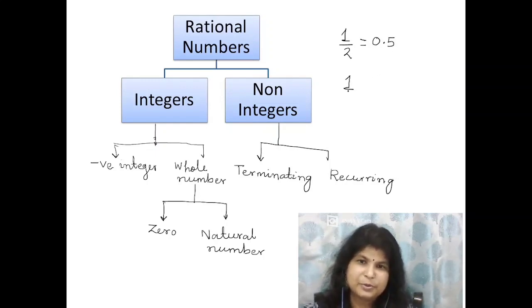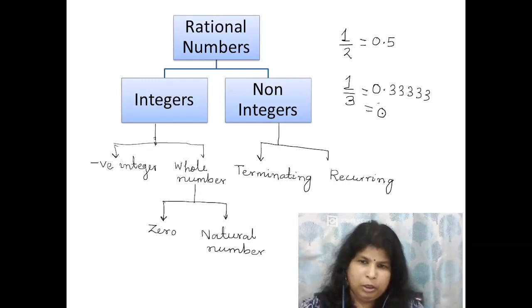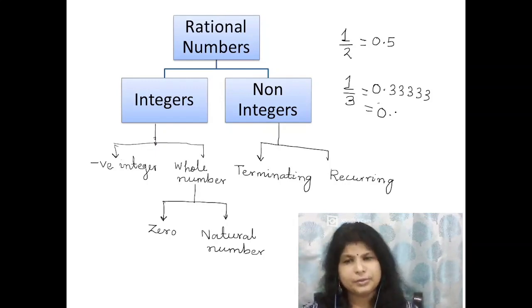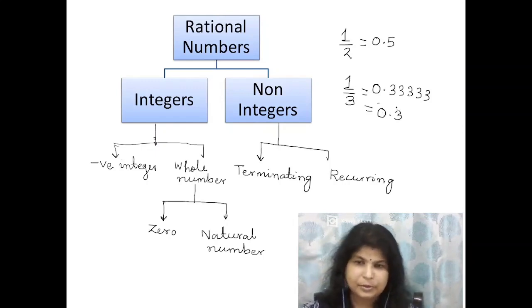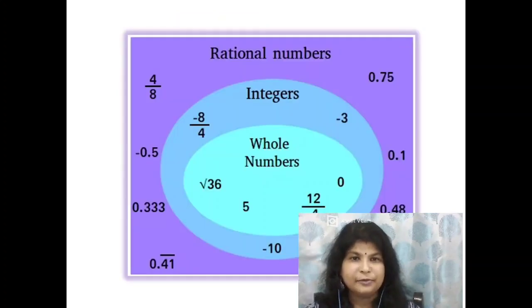Whereas suppose you take the example 1 by 3, in that case you never get remainder 0. So the digit 3 is going to be repeated again and again. So this is your recurring decimal. Okay, so I hope the classification of rational numbers is clear for you.